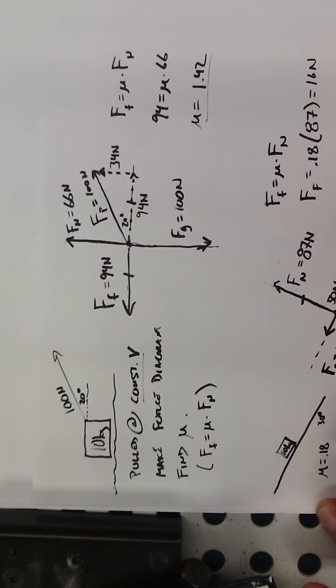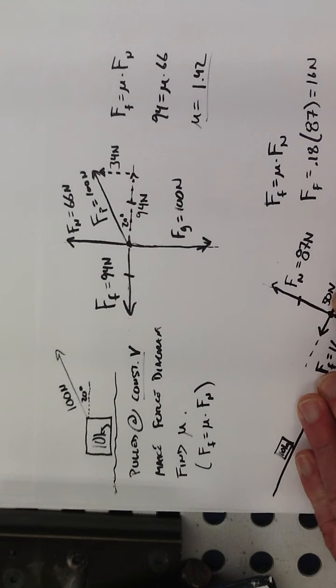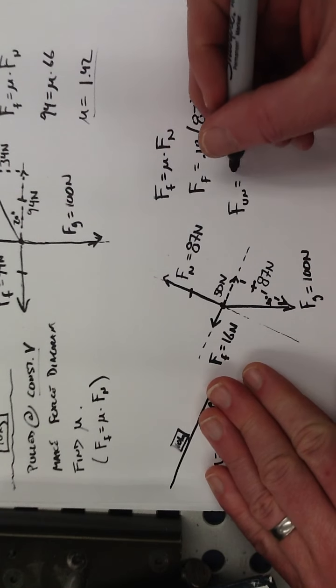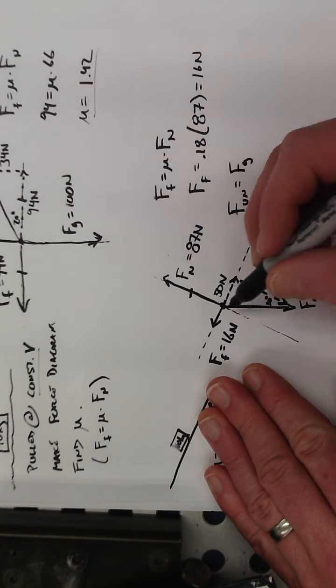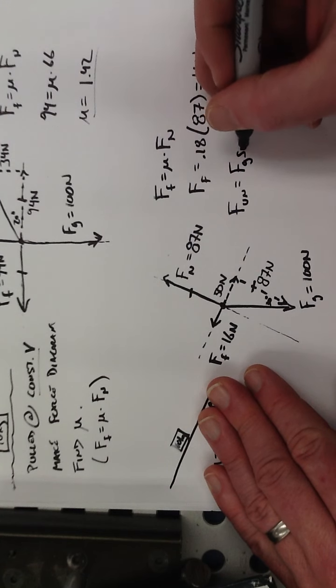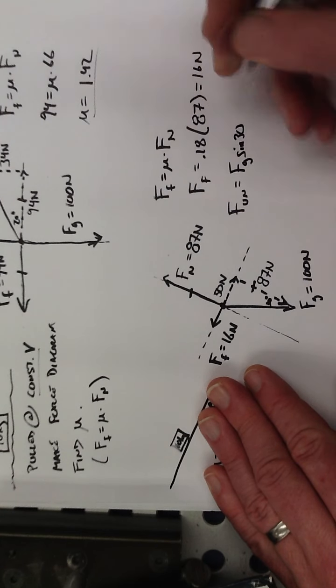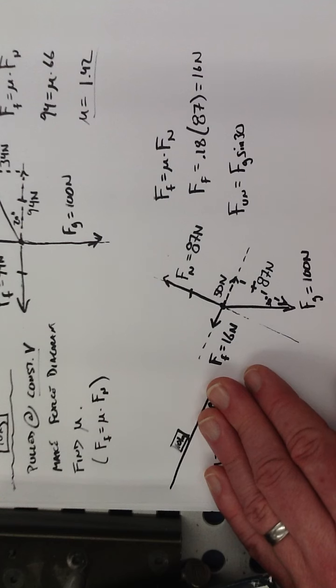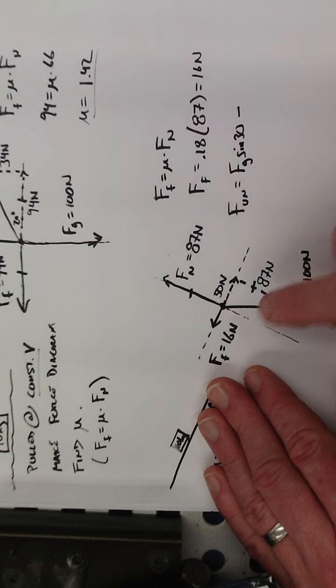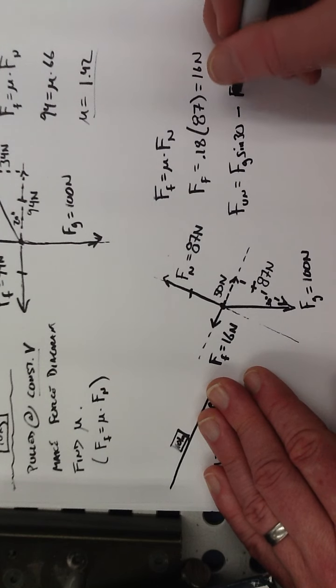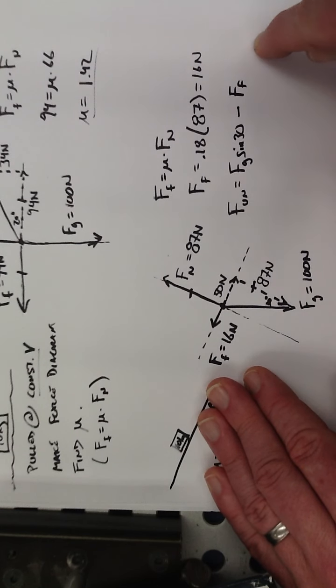Well, this right here is the force of gravity. It's one of the pieces. It's the sine component of that. It's the opposite. So I'm going to write it like that, minus the force of friction. That's my unbalanced force equation.